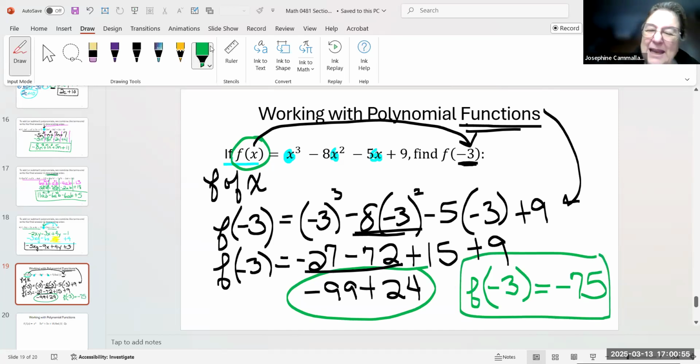This is how my answer is written, but it has to do with the fact that we're talking functions. It's just a symbols game. This f of -3 is saying evaluate this problem for x at -3. Remember, we did the evaluations way back here?